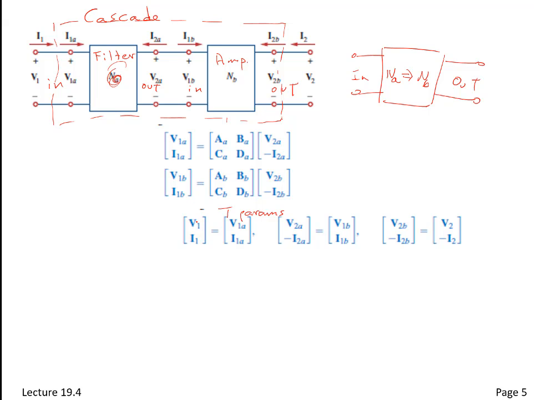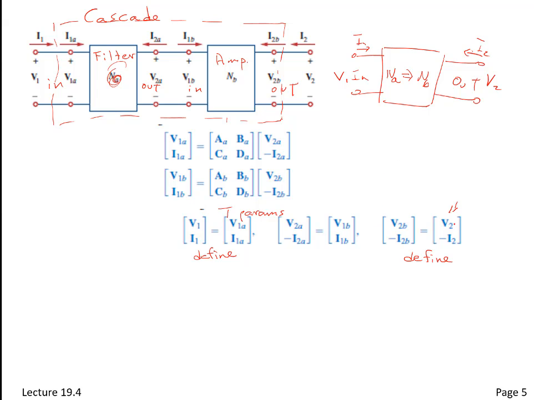So V1 is V1A. That's no big deal. That's just a redefine. Okay? And the same thing is going to happen on the output. This is a define. I'm just saying this is my big network, right? V2, V1, I1, I2.